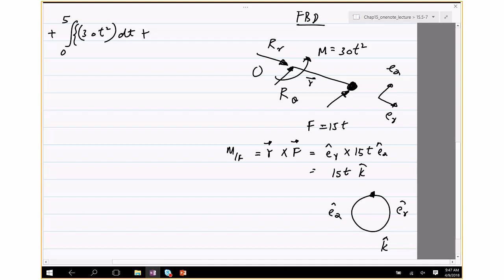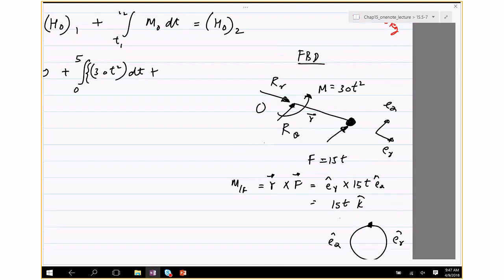So it is positive. When you do R cross F, the vector R points this way, so you curl your fingers from R to F. F is that way, and my thumb gives me the direction of the moment, and that is positive. Here also, when I do e_r cross e theta, I get k, so it's positive k. So that works well.